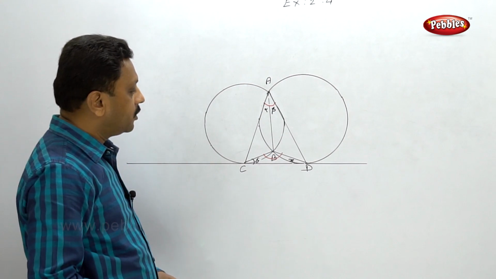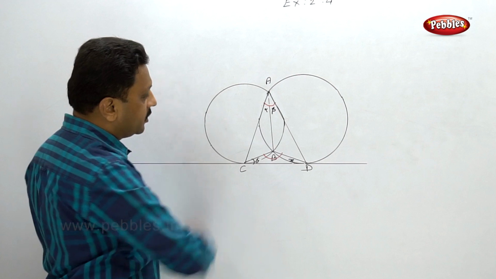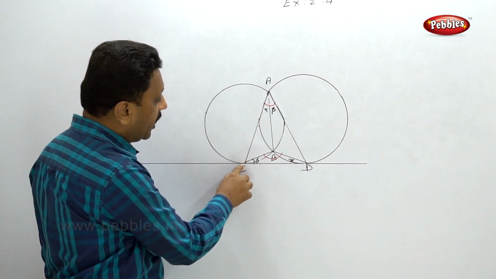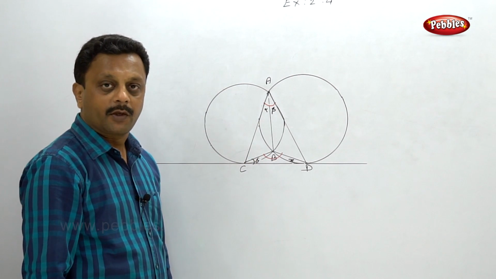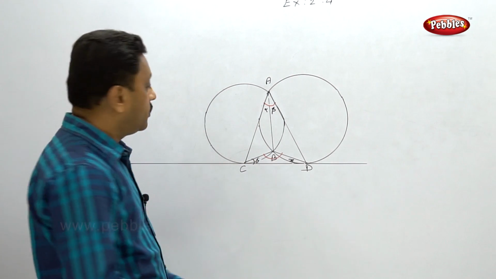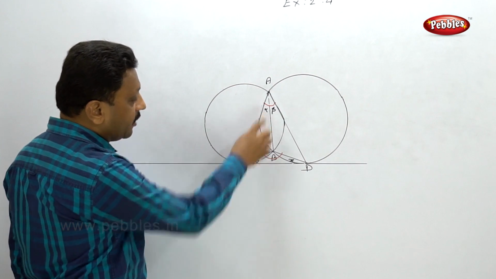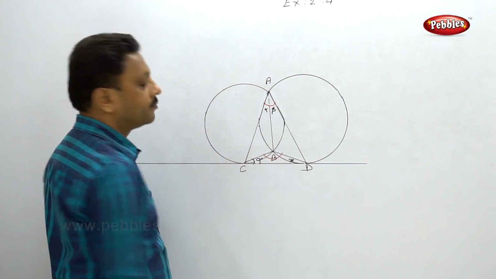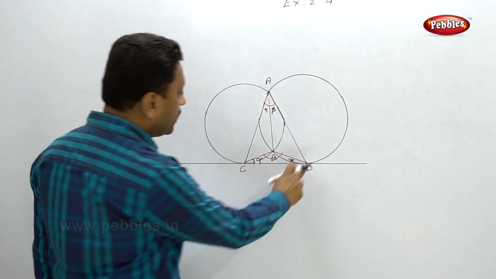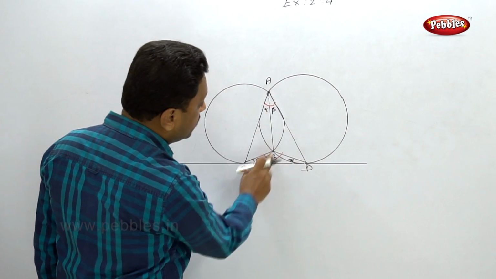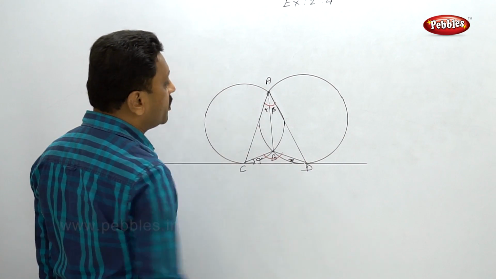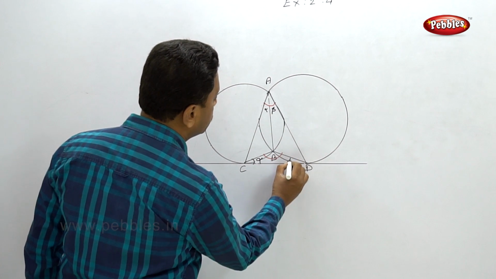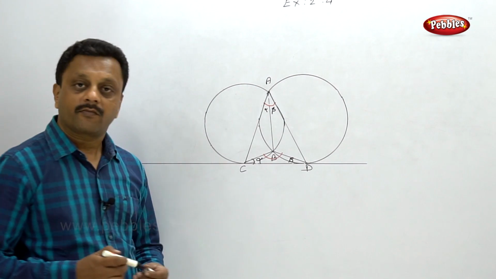Okay, different angles. So in this smaller circle, can you see that this arc is common for angle alpha and theta both? So by angles in alternate segment, this theta and alpha are same. So I will better call this angle also alpha. Correct? Similarly, in this circle, this arc BD is common for angle beta and angle x. So I will call this also angle beta. Correct?